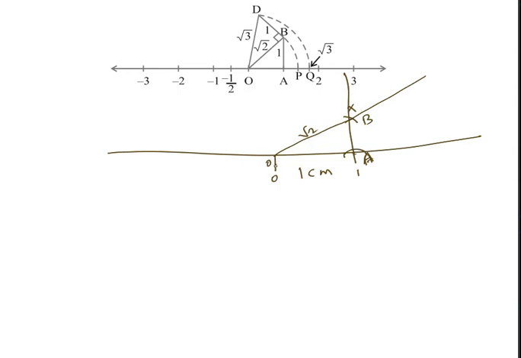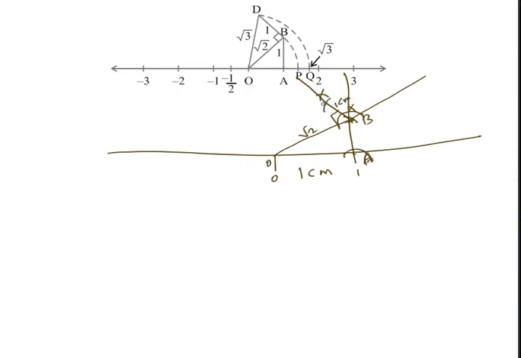This length, if we take from the origin and mark on the number line, will come after 1, approximately in this area. Now from the point B, again we draw one perpendicular. At this point B, we draw an arc of 1 centimeter.